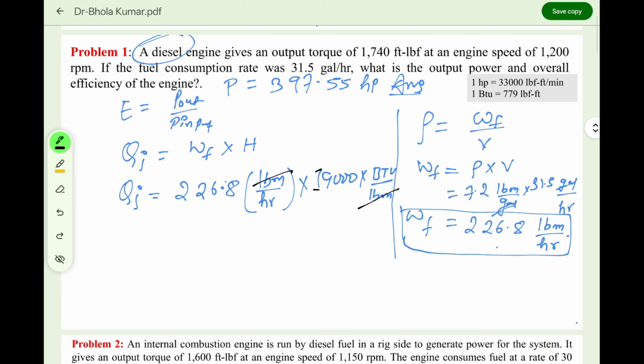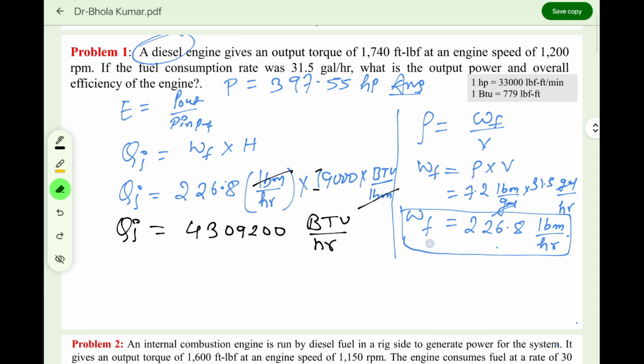Let me do the calculation for better understanding. The multiplication we need to do is 226.8 times 19000. You will get Qi equal to 4309200, right? Now you have the unit BTU per hour.